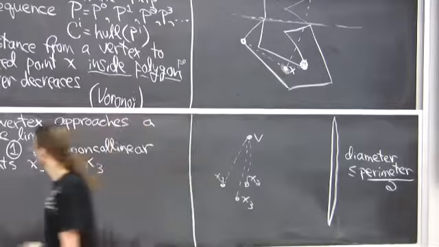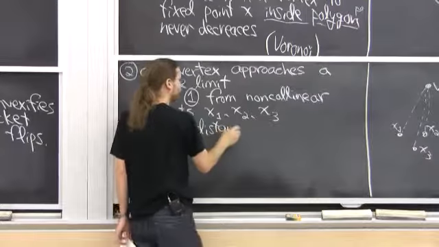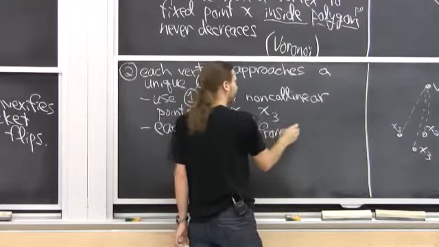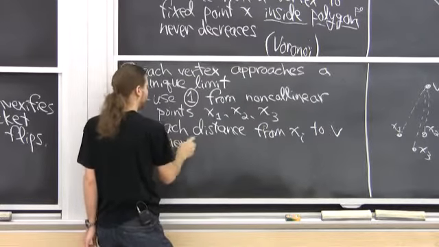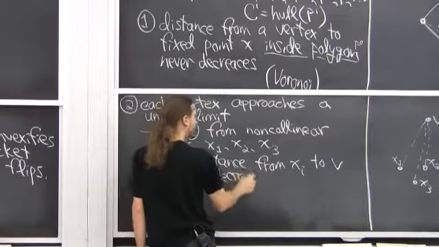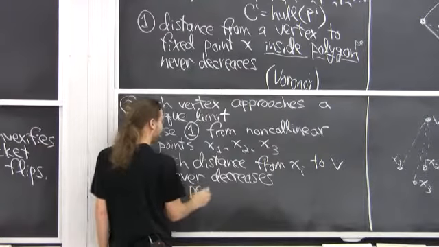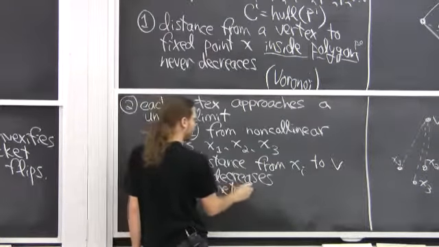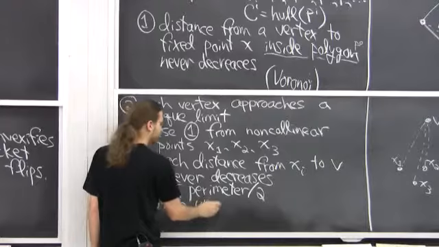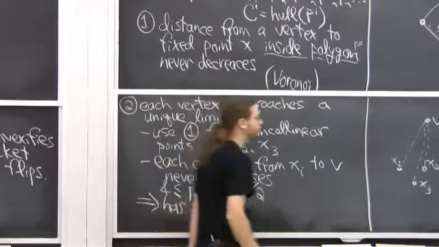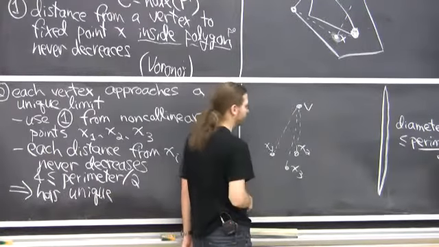But in particular, we know each distance from one of these xi points to v never decreases, from part 1. And we know it's at most the diameter of the polygon. So it's bounded above by perimeter over 2, which is some fixed thing, it never changes. And therefore, it has a unique limit. So the sequence of numbers, the distance from x1 to v as time goes on, has to converge to some limit.